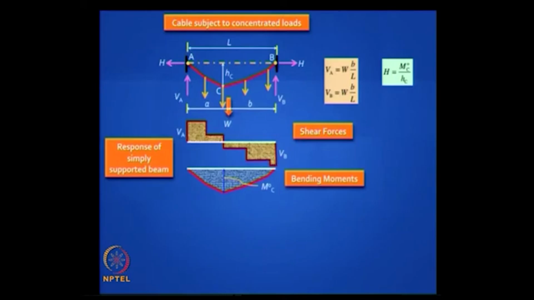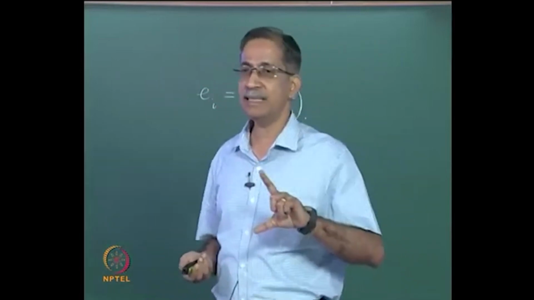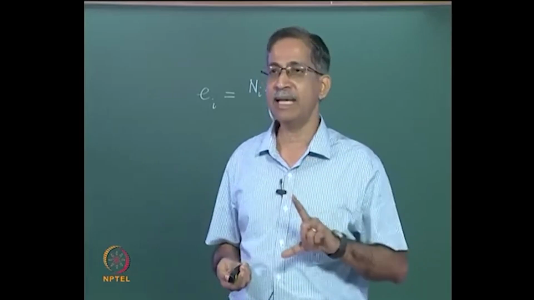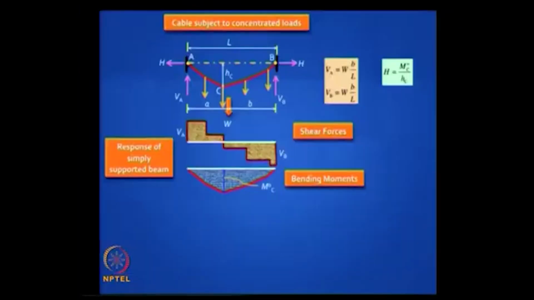So you can work out the heights at different locations once you know the bending moment. All you need is a height at any one location, and usually you know the height at the maximum dip of the cable, and that height is called sag. Here I have shown HC, and so you can get the horizontal reaction.